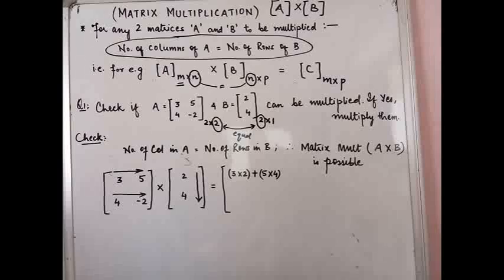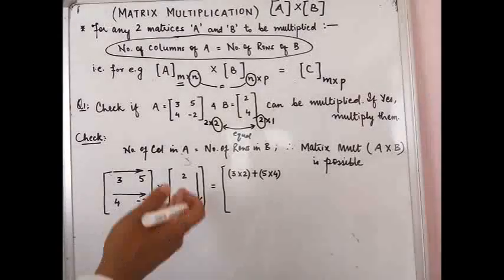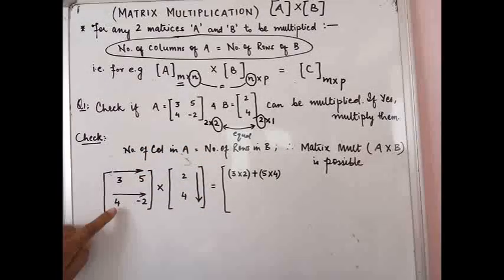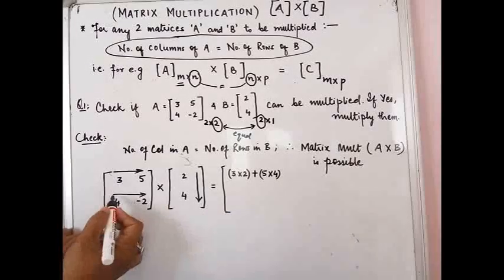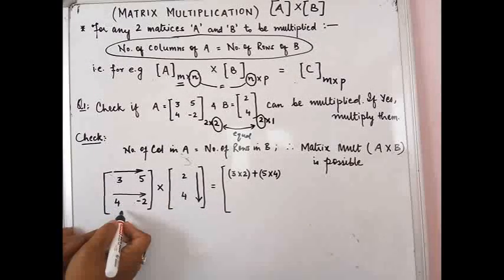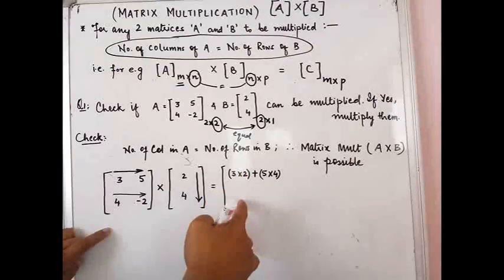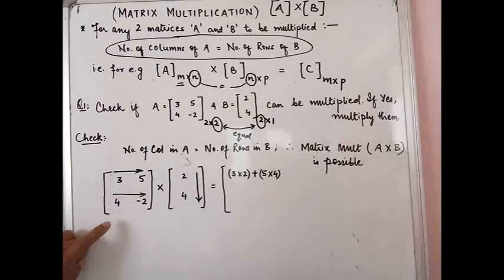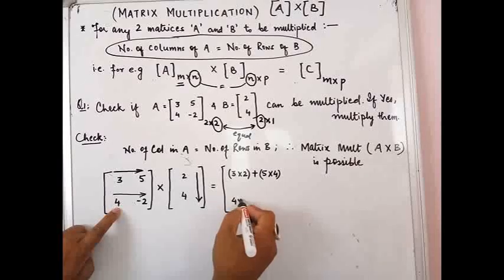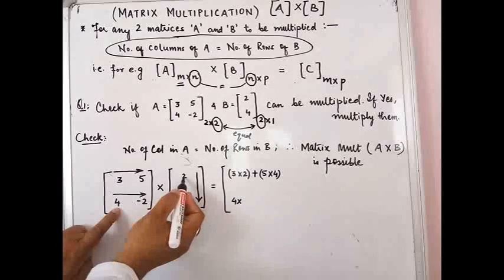Since there is only one column present in the second matrix, we will only go like this. So the second row over here, why have we taken the second row here? Because we are also doing the second row of the multiplication matrix. So this 4 is going to multiply with this 2.